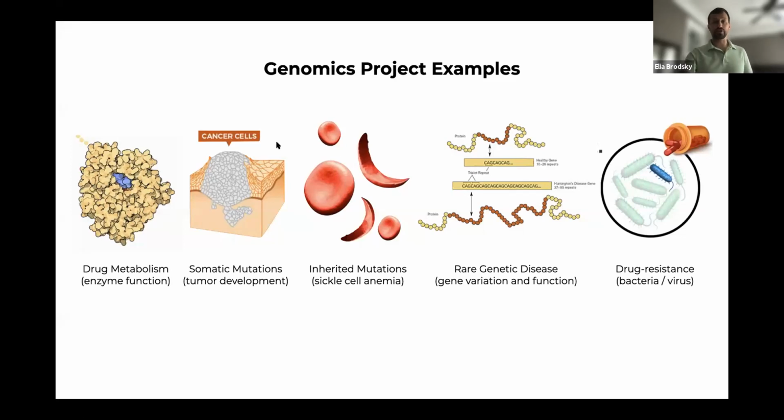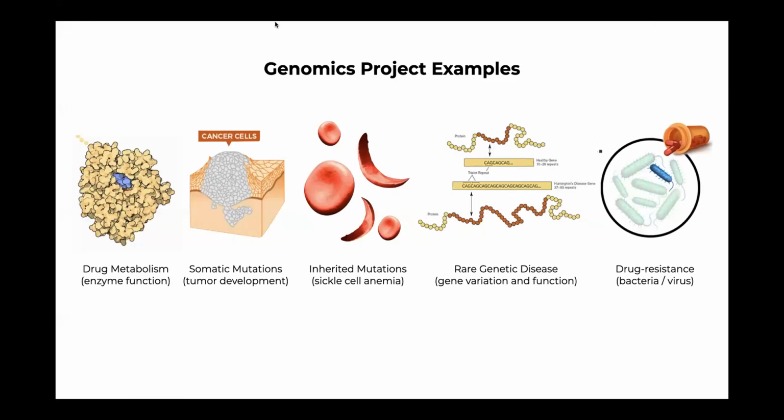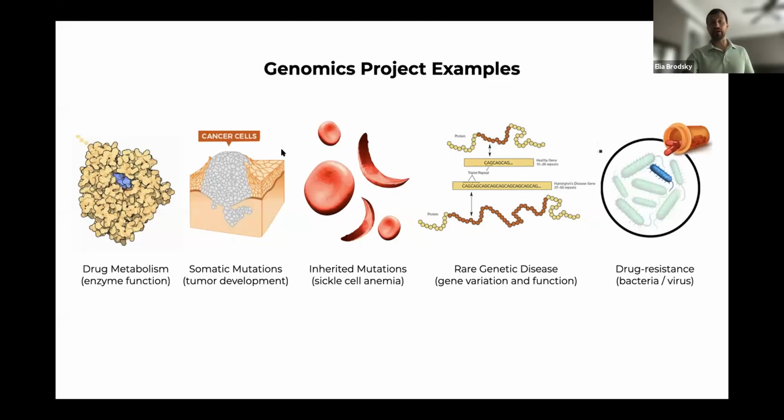Those rare genetic diseases could be something that essentially endangers the person at a certain time or prevents them from developing certain important functions as they grow. And all of this is linked to a variety of different types of genomic information that we could acquire.